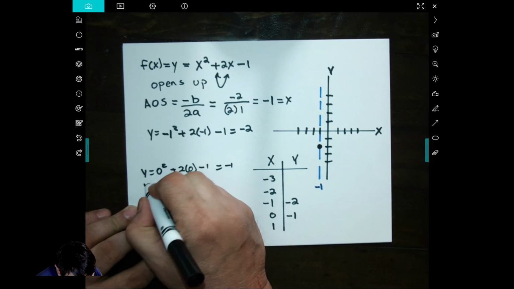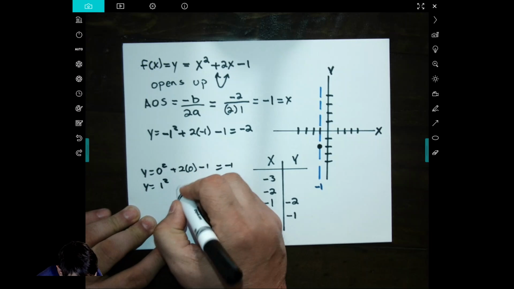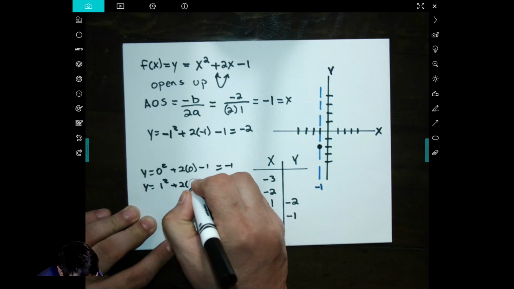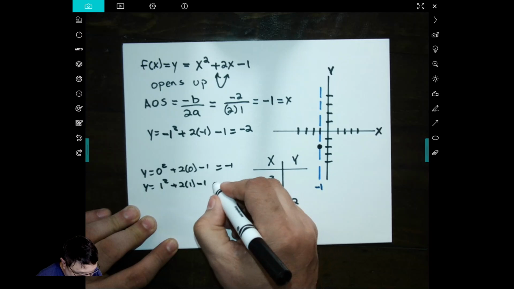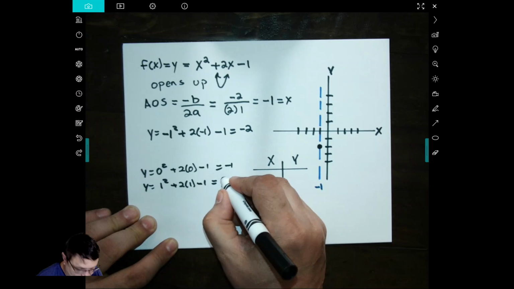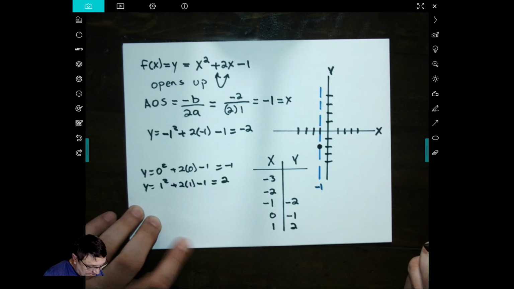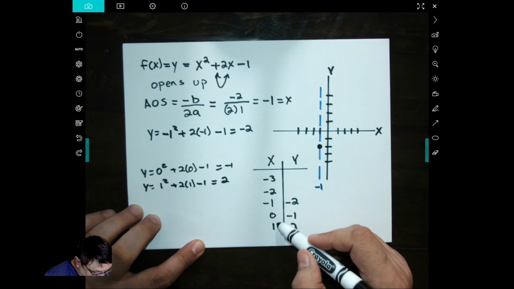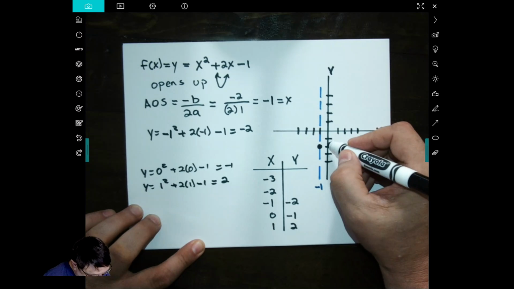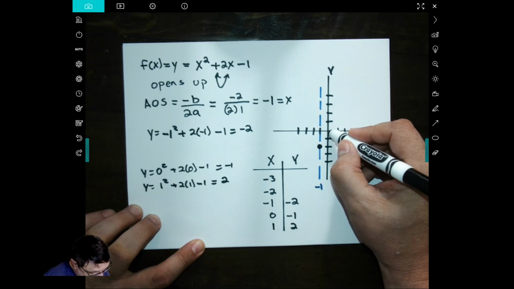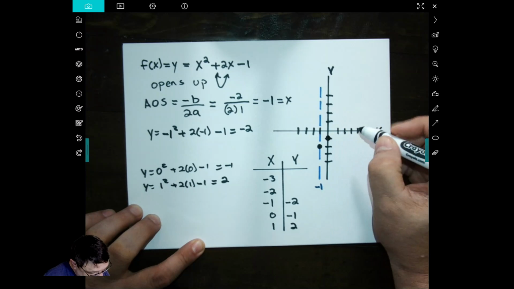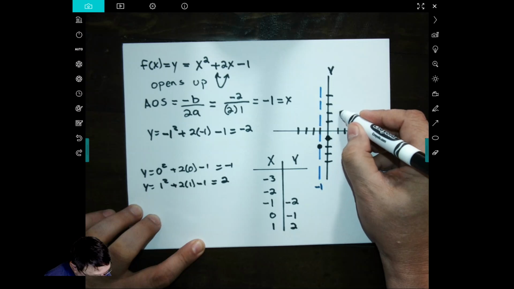So y equals 1 squared plus 2 times 1 minus 1 equals 2. Now I have another location. I'm going to plot these points right now. Here's my vertex. At x equals 0, I get negative 1, and at x equals 1, I've got 2.